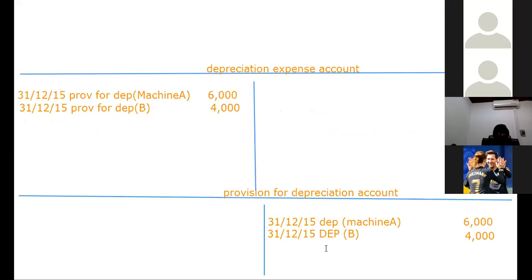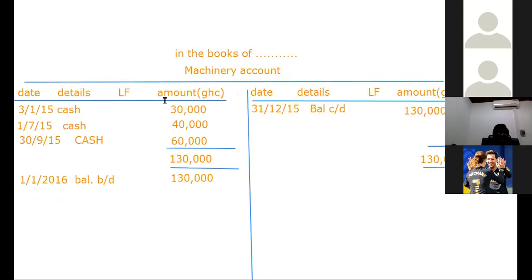and D, which have not been posted for 2015. So what I want you to do is to go and post the rest of the entries, depreciation for machine C and D, which is straight line and fairly straightforward. And then in 2016, we acquired a new asset here, which you would also have to post.